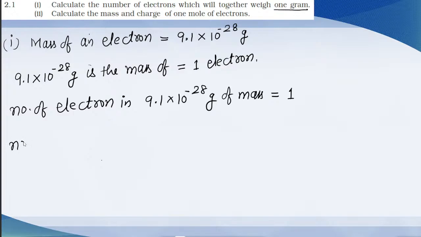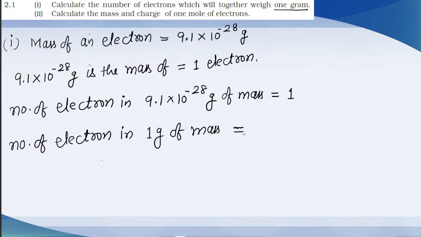So the number of electrons in 1 gram of mass is equal to 1 divided by 9.1 into 10 raised to power minus 28 into 1 gram.